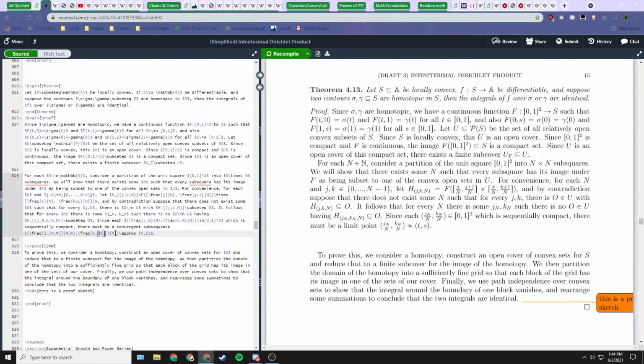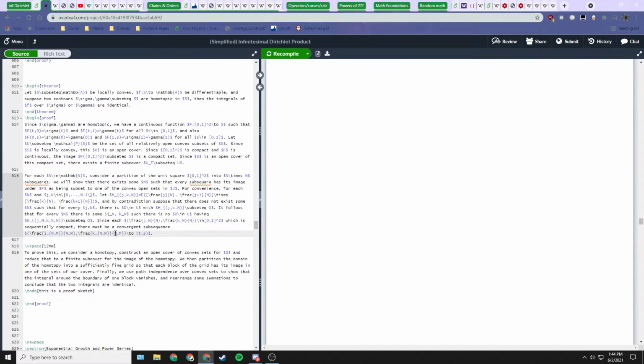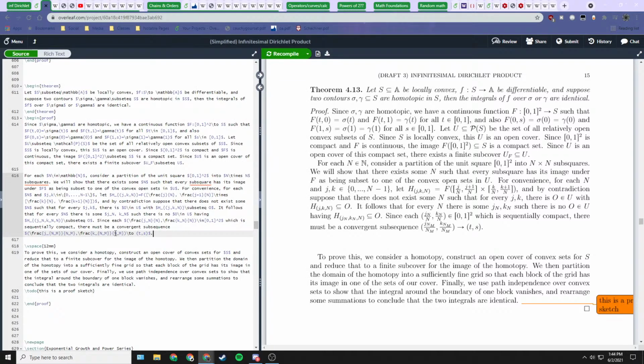A lot of indices here. Okay, so we have this convergent subsequence of these points. We can maybe cut these into tiles to be a little more explicit, but I think this is okay. So we'll edit it a little later when we finish writing the proof. So there's this convergent subsequence.